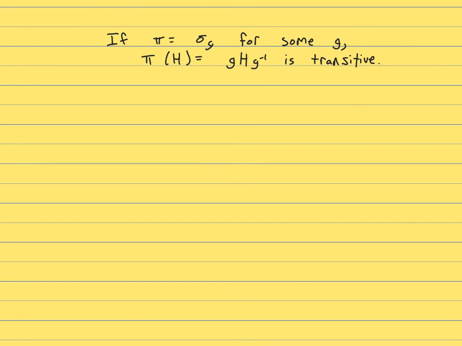That's a bit of a problem because what we just noticed was that pi of h has a fixed point, or what you might call a global fixed point for the subgroup. Namely that pi of h fixes the coset h.